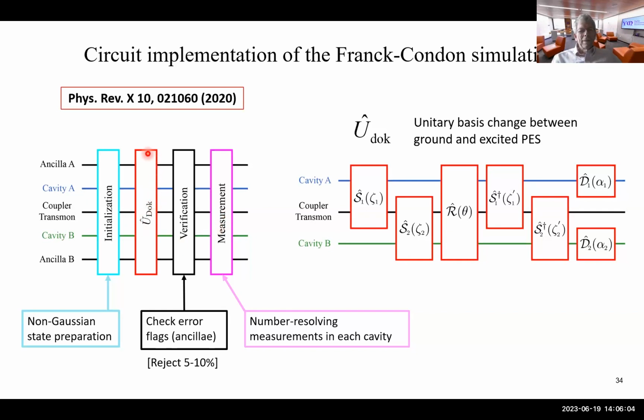So this step right here, if you open up the box, it has squeezing of the Alice mode, squeezing of the Bob mode, a beam splitter to coherently rotate the 2 modes into each other, and 2 more squeezing steps, and then 2 displacement steps. Okay. It's fairly complicated, but these are all simple linear optics things that we can do in circuit QED.